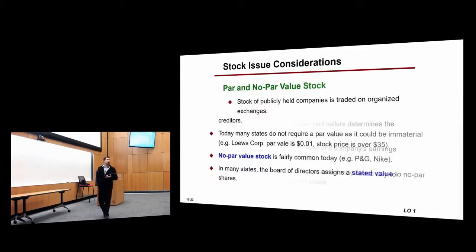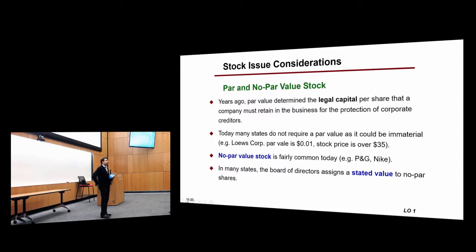Now we get to par and no par value stocks. In the old days, and not just in the old days, many states used to require the company to issue stocks at par value or above par value. Par value was the stock price that was mentioned in the charter.